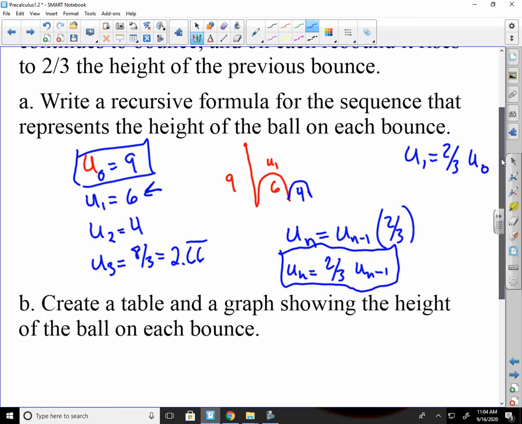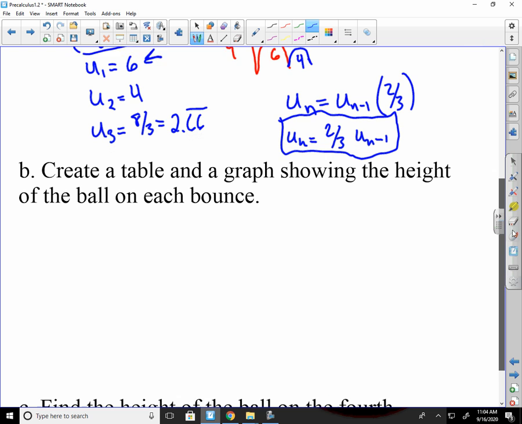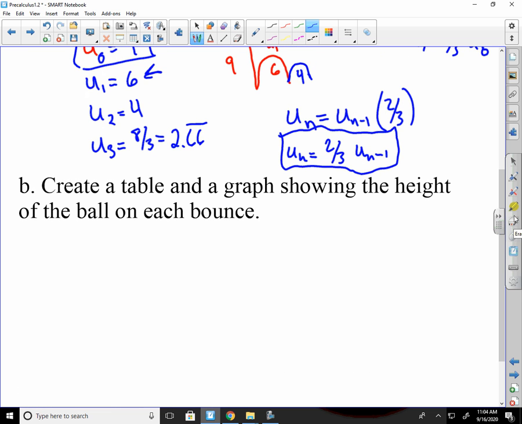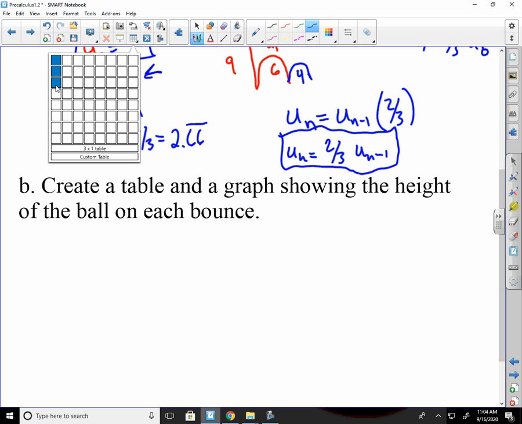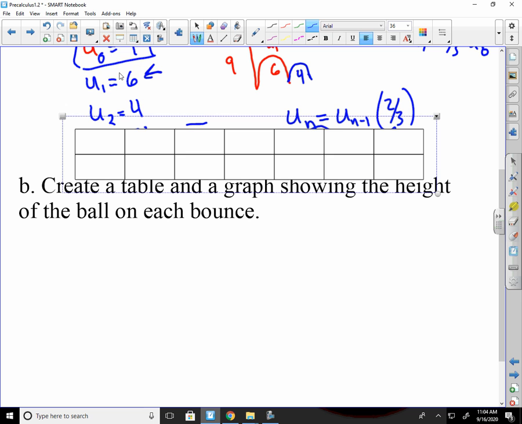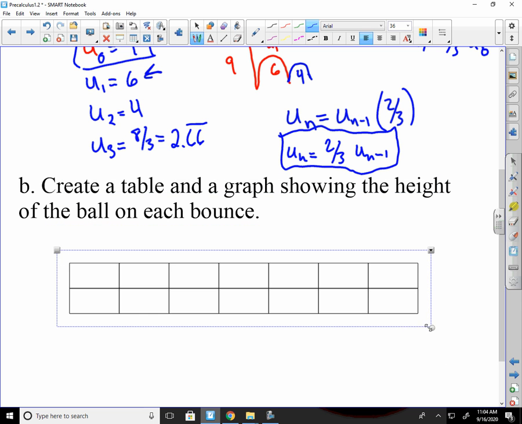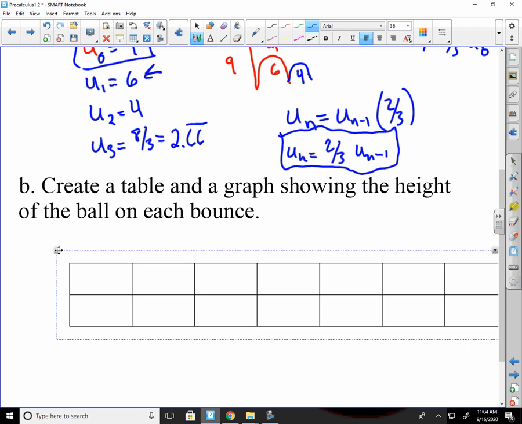Now let's create a table and a graph showing the height of the ball on each bounce. So let's create the table. I'm going to go ahead and draw one in. Make it a little bigger.